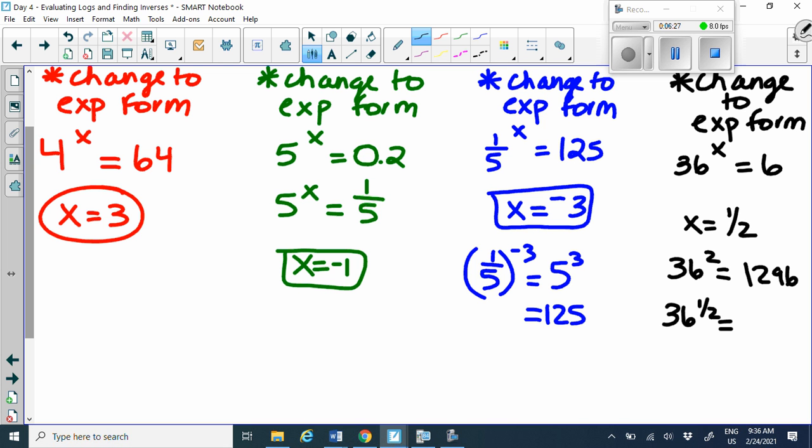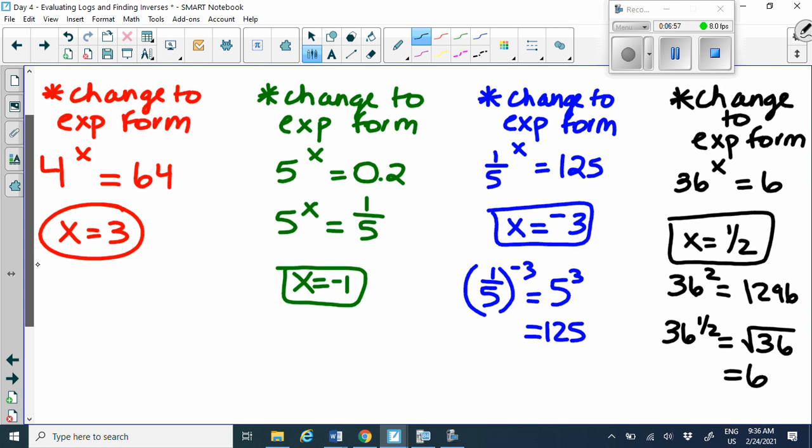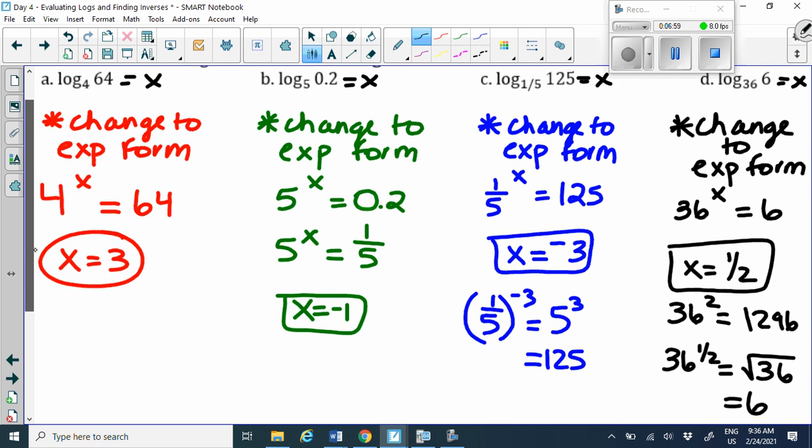Remember, we can rewrite from rational exponent to radical notation. So 1/2 represents the square root of 36. And what's the square root of 36? It's 6. So don't forget, you could have fractions as your exponents. Your exponent could be positive, it could be negative, and it could be a fraction. So remember those rational exponents from last chapter.